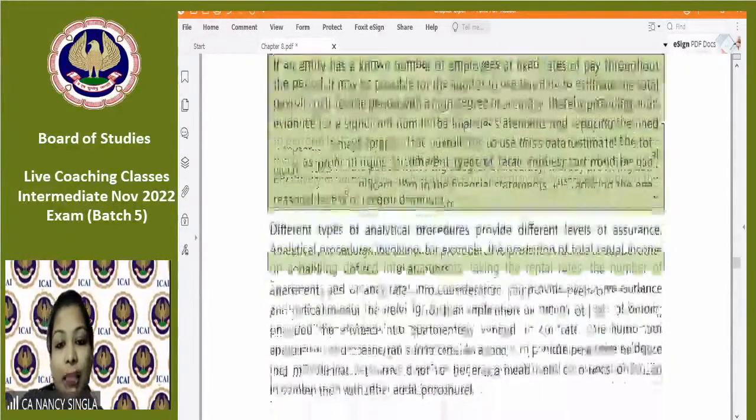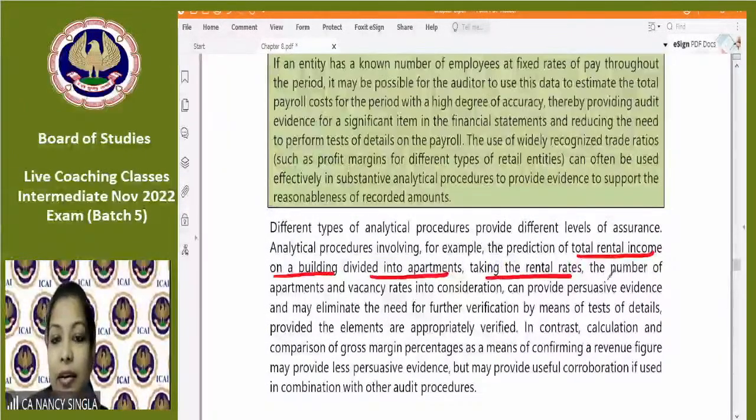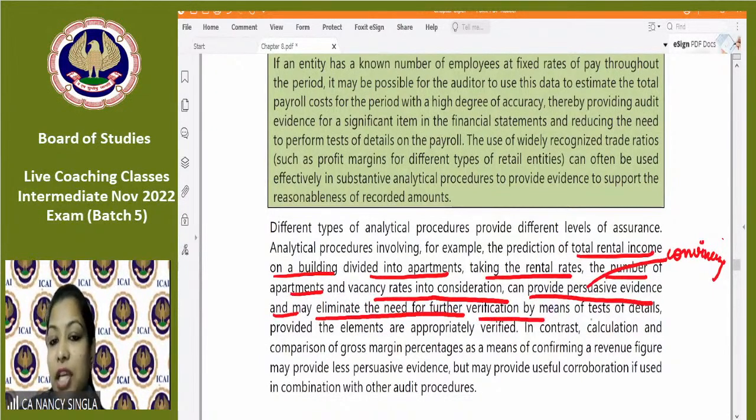So for example, the total rental income on building divided into apartments, taking the rental rates, the number of apartments, the vacancy rates into consideration, it can provide a persuasive, what is persuasive? Convincing. It can provide convincing evidence and may eliminate the need of further verification by means of test of details.